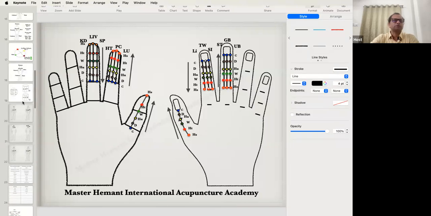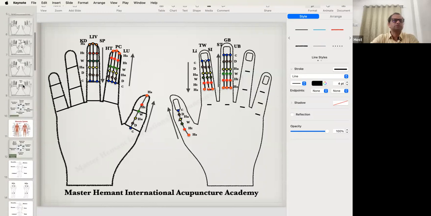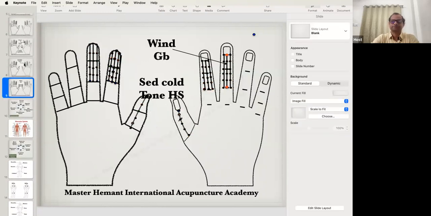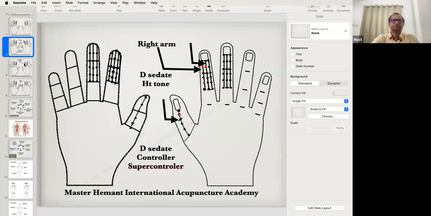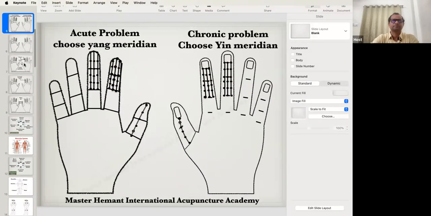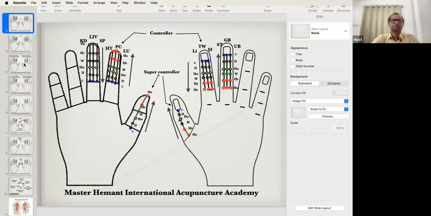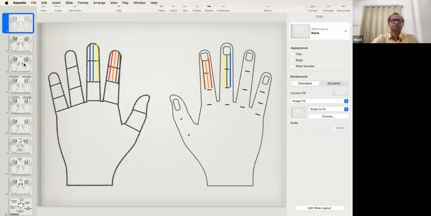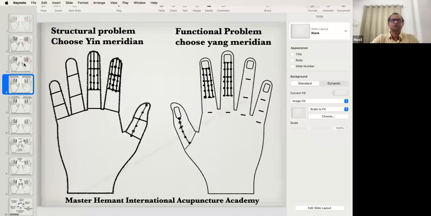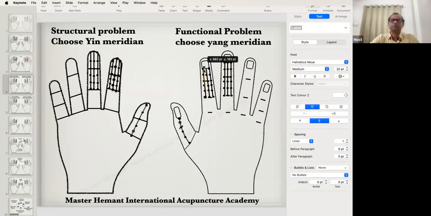So now look at here in this diagram. So let's see here. The step number one, we are choosing the triple warmer meridian and putting this coolness point.